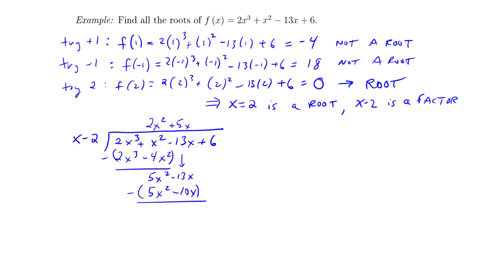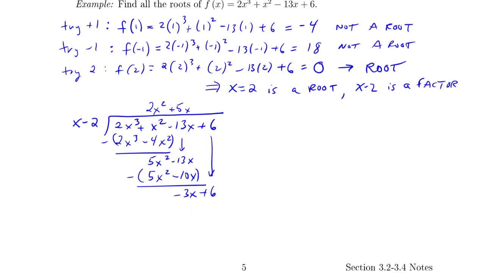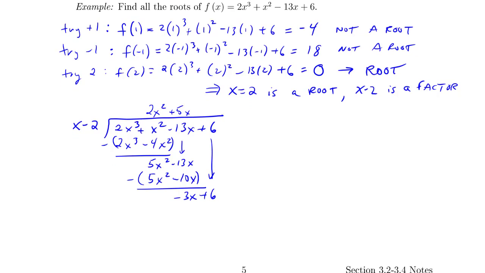And this will give me a minus 3x. Bring down the plus 6. Do it again. I need a minus 3, giving me minus 3x plus 6. I subtract and I get 0. Now that's not a surprise. I knew I had to get 0 because I knew I was supposed to get a remainder of 0 if x minus 2 divides into that.